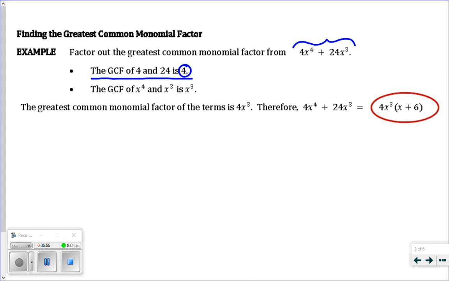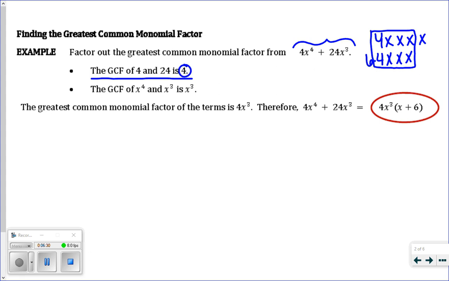Then let's talk about the variables. In fact, let's break this out. If I have 4x to the fourth, remember that really means 4 times x times x times x times x. Now we know that 24 can be written as 6 times 4, and then we have x times x times x, because this one's just x to the third. If we think about what these guys have in common, we already established that the 4 was in common, but they apparently also have 3 factors of x.